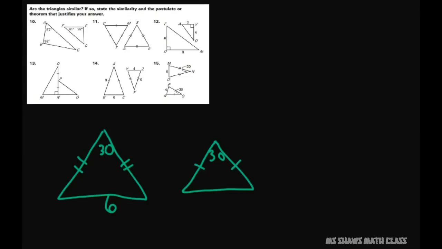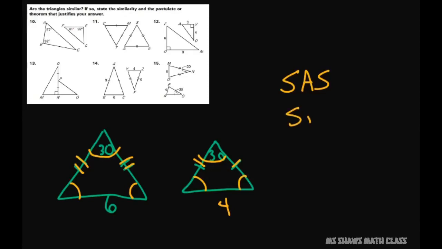And if the two sides are congruent, so are these angles. So these angles are also congruent. And this was 6. This is 4. So this one is by your side, angle, side. So do you see it's side, angle, side, side, angle, side similarity theorem.